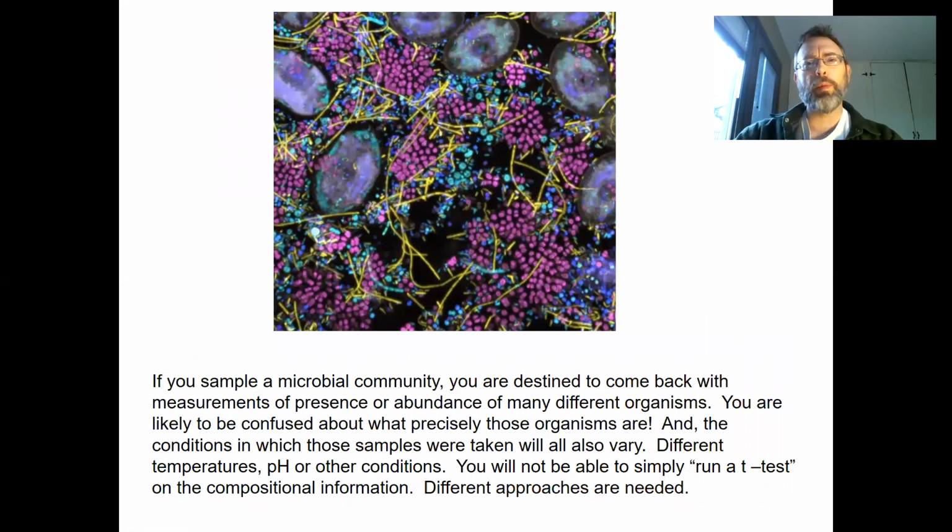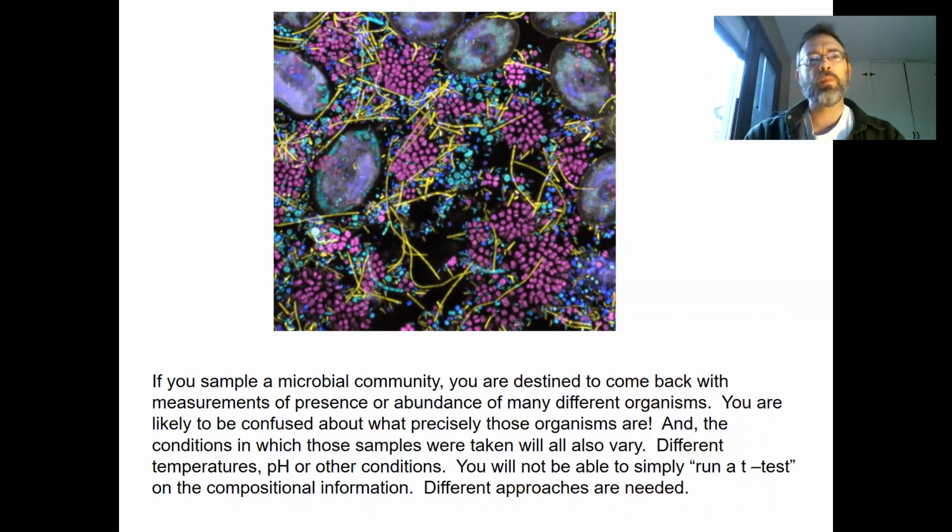Similarly, if you sample microbial communities, what you're destined to come back with is some sample that contains a bunch of different organisms. Precisely what those organisms are, you don't even know. You might use operational taxonomic units or some other thing, and you say, we've got these taxa present when we put the antibiotic into the plate. We've got this set of taxa present, and then the other plate we've got this other set.